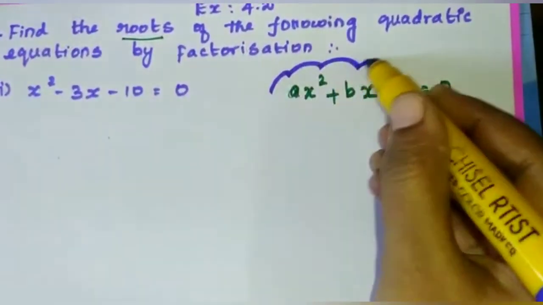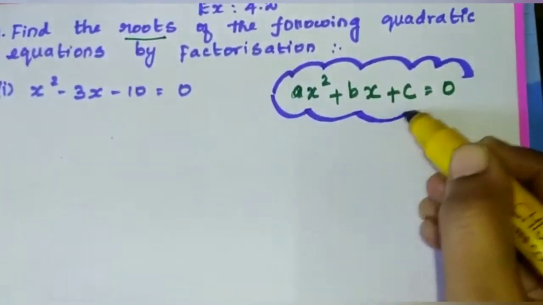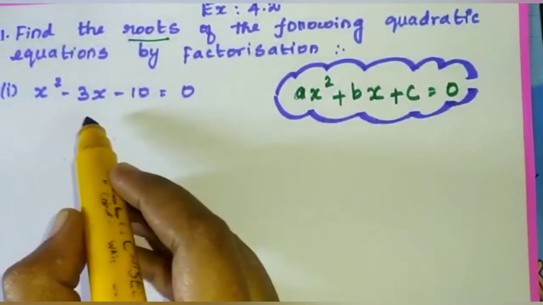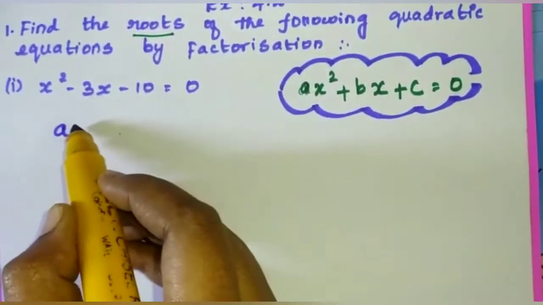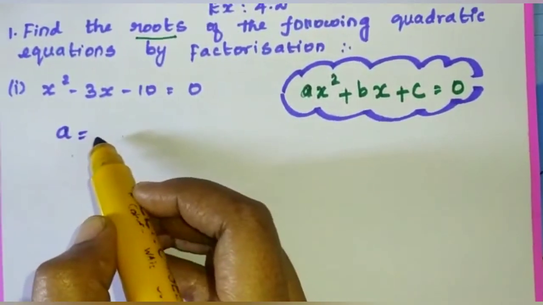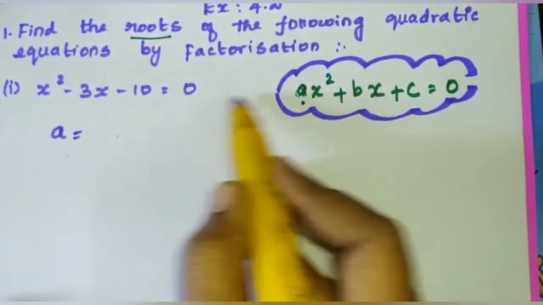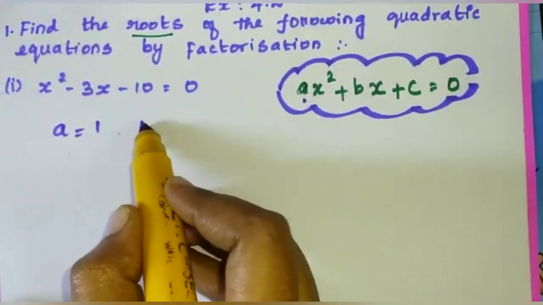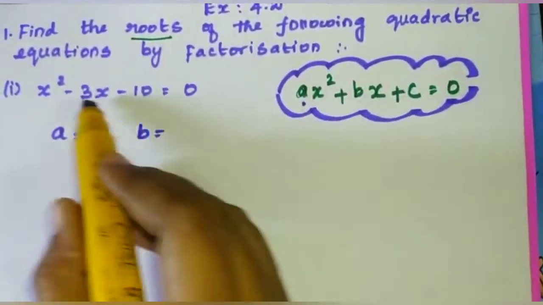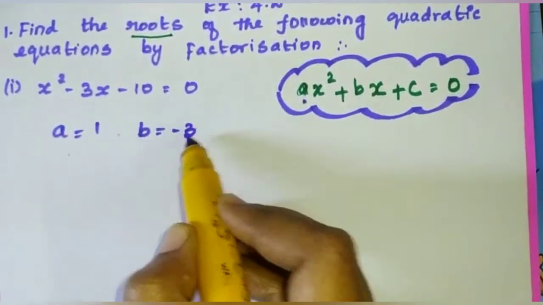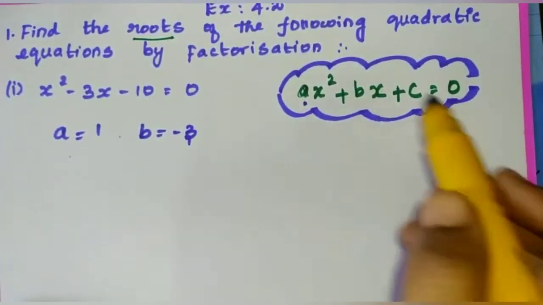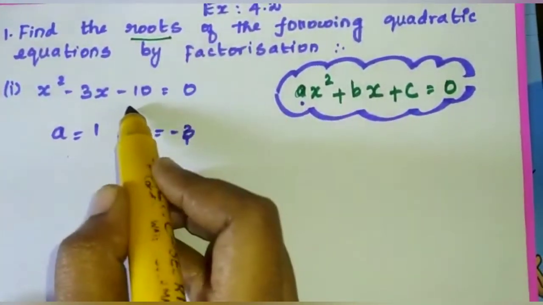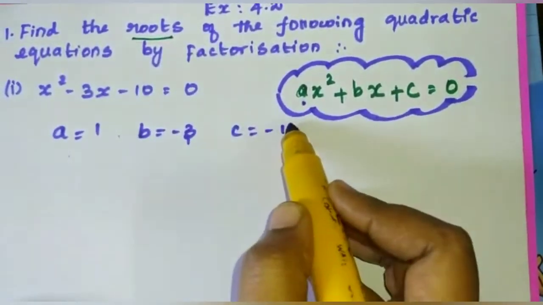You have to compare with this and write what is the value of a. Instead of a, what am I having here? 1. So a is 1. b is equal to minus 3. Write with a negative sign. Next, instead of c, you have minus 10.